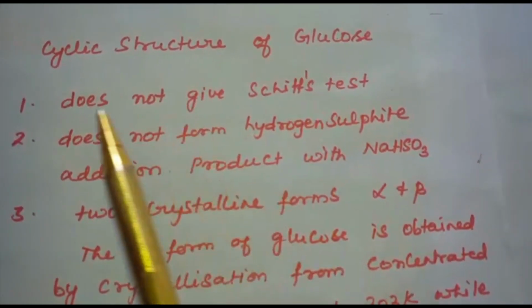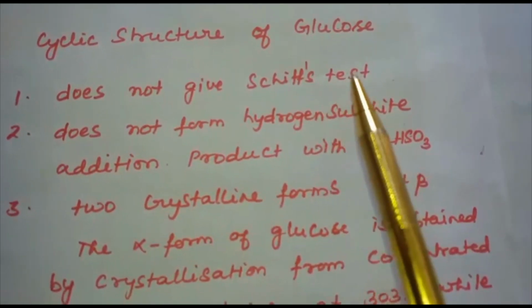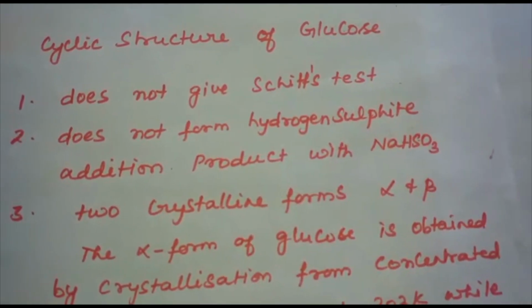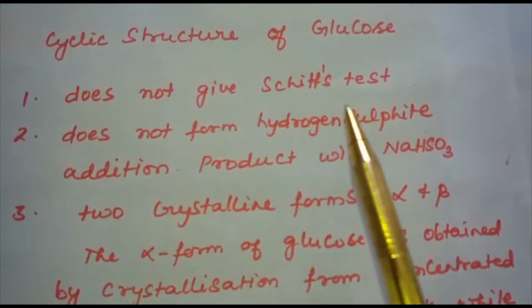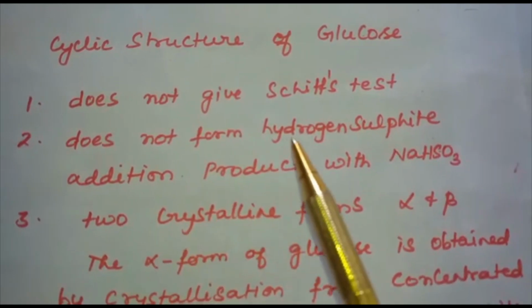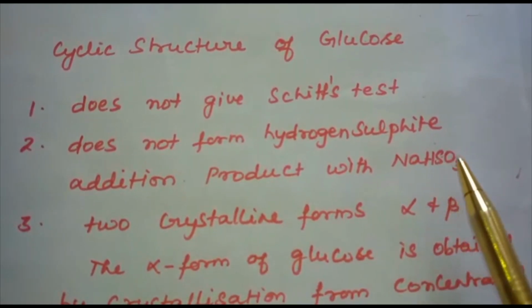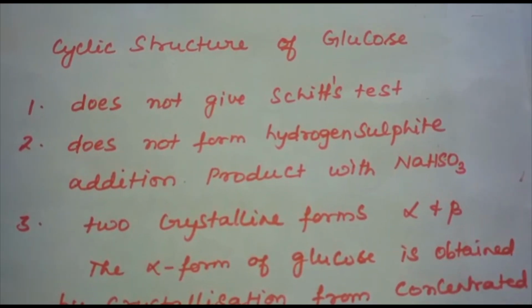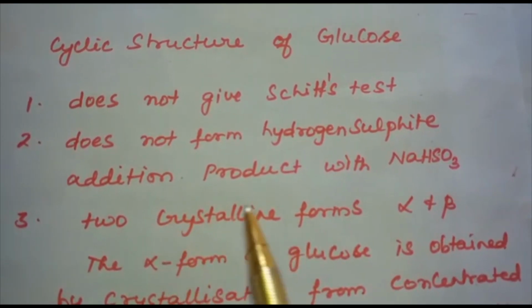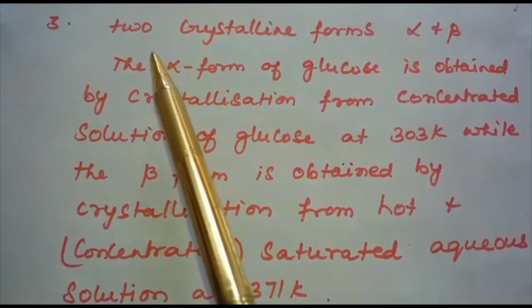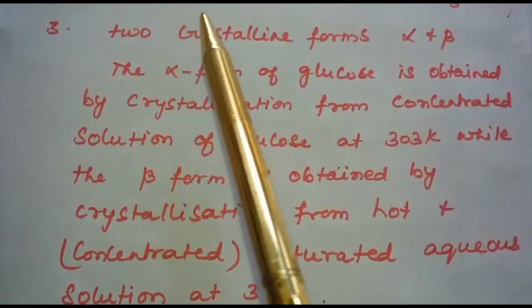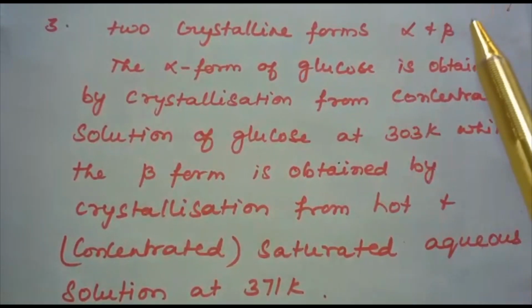The open chain structure of glucose does not give Schiff's test. Despite having the aldehyde group, glucose does not give Schiff's test, and it does not form the hydrogen sulfite addition product with NaHSO3. Glucose is found to exist in two crystalline forms, the alpha form and the beta form.